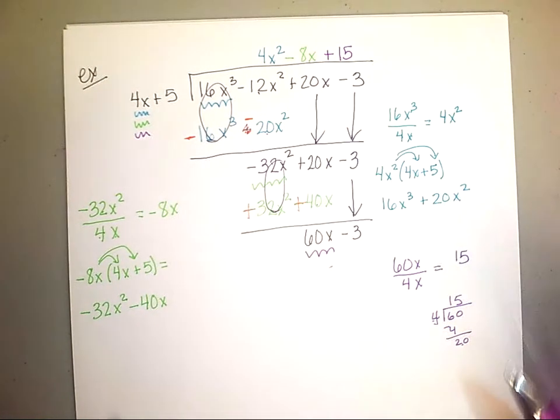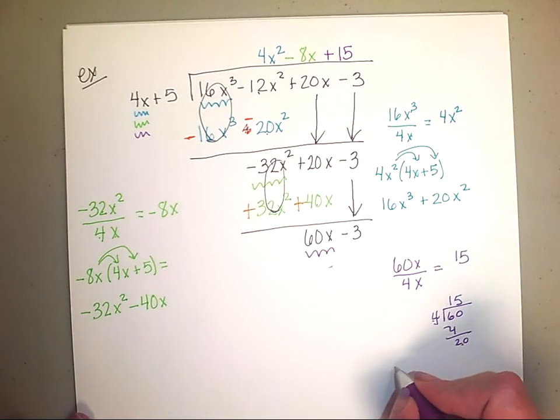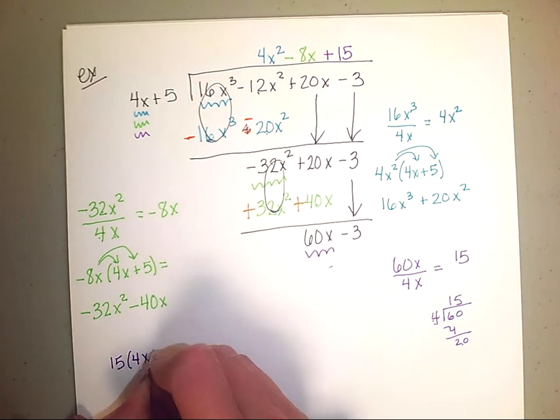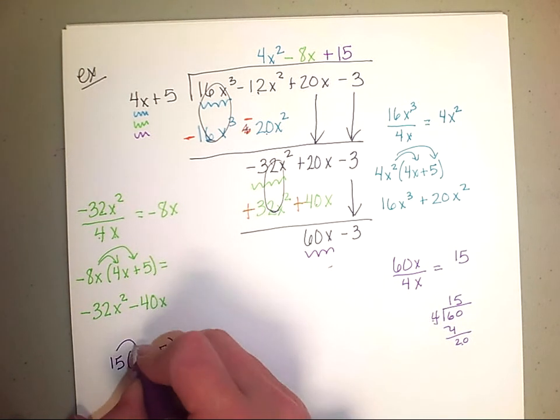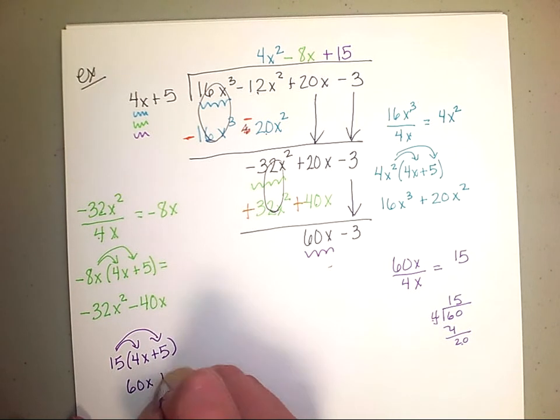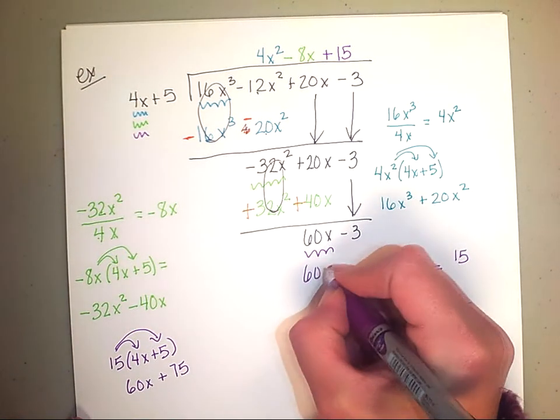Then we have to take 15 times this, and distribute the 15 through. 60x plus 75, which is what goes here.